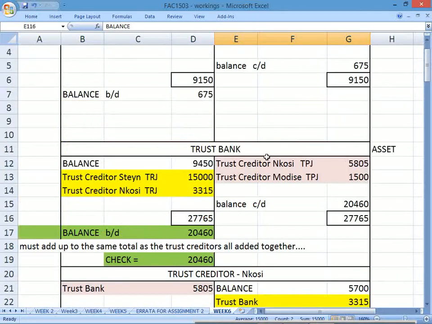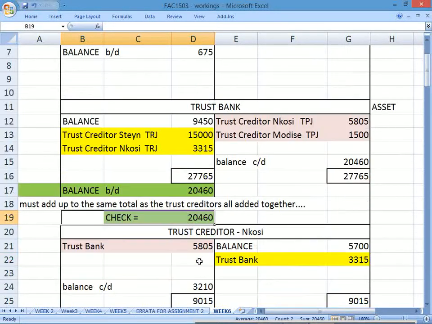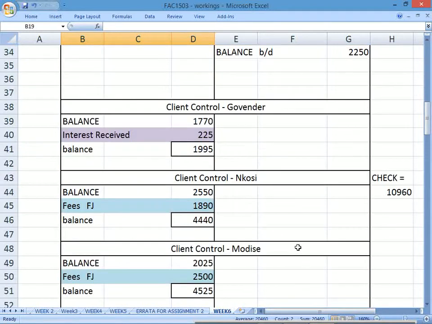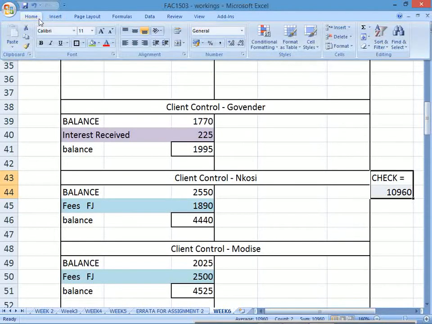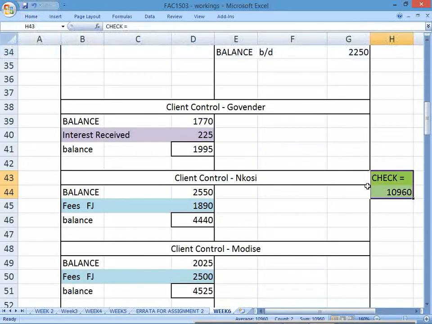If I look at this, how much do my clients have in their accounts? 20,460. Do you guys all agree? How much do the clients owe us in terms of fees? 10,960. Do you agree? We checked this. Clients owe us 10,960.